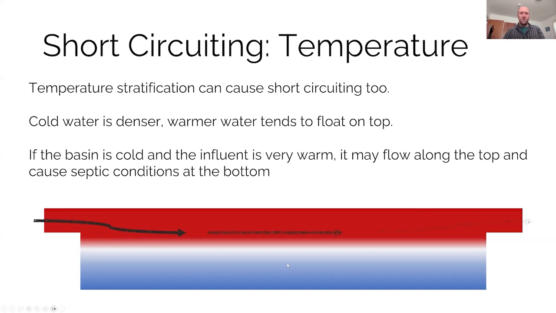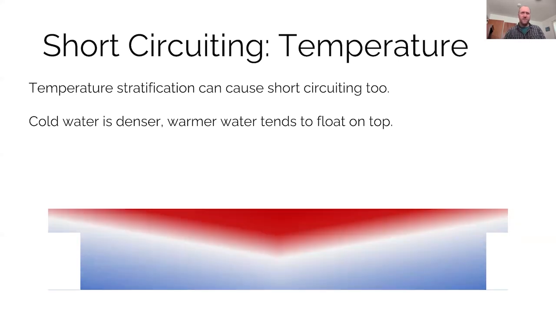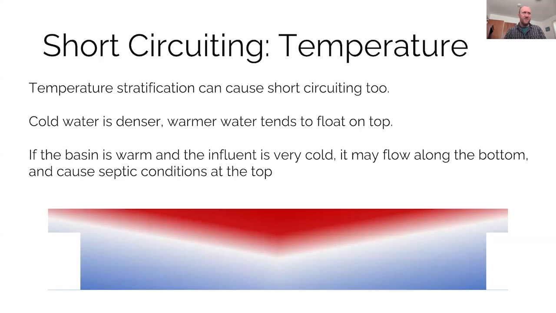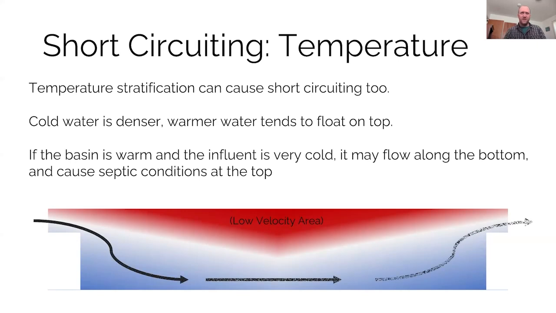It doesn't mix in the whole basin. And we have a high velocity area and a low velocity area. The same thing can happen if it's the opposite. If we have cold water coming in, it can just go down to the bottom, have a high velocity area at the bottom, and then exit out, and we have that low velocity up at the top.